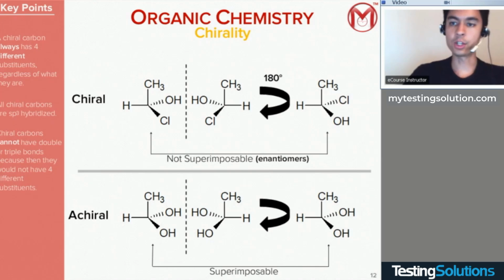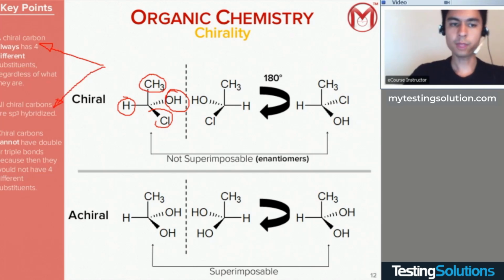Now the question about what are the conditions for chirality, since we can see that of these 2 molecules, one is chiral, the other is not. The conditions, particularly for carbon atoms, is they have to have 4 different substituents. So I have 1, 2, 3, 4 different substituents.